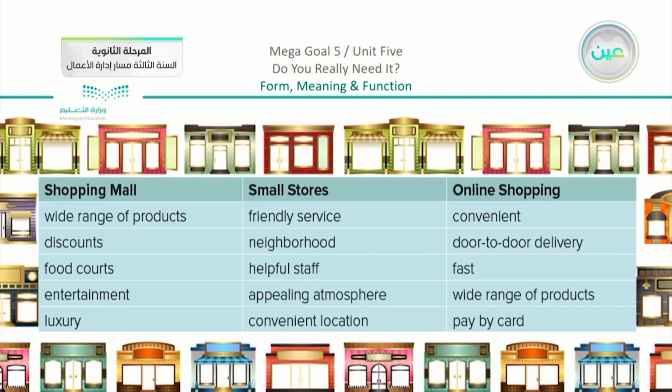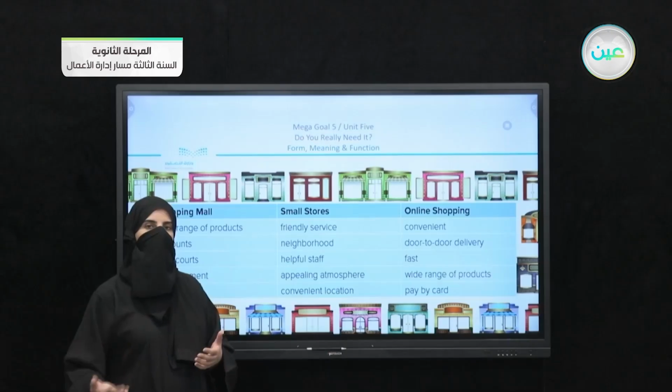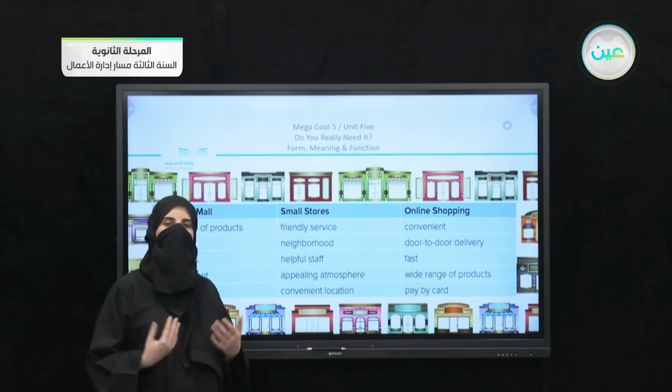Words connected with small stores are friendly service, neighborhood, helpful staff, appealing atmosphere, and convenient location. Words connected with online shopping are convenient, door-to-door delivery, fast, wide range of products, and pay by card. And when they mention fast here, they mean that it is fast to just open your device and quickly choose whatever product you want.